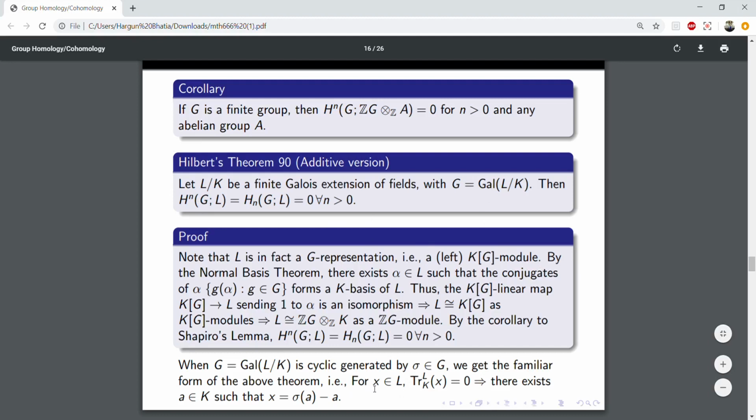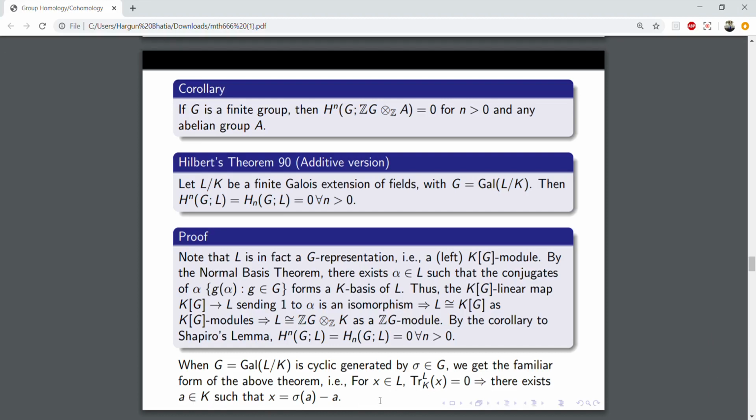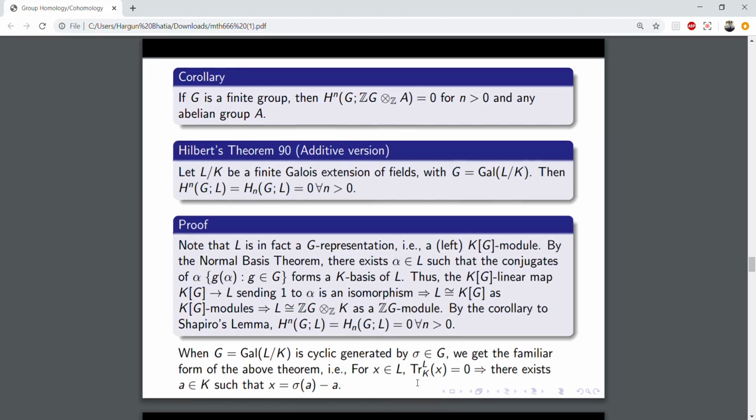So this essentially turns out to be the statement that if you take any element x in L whose trace evaluated on x is 0, then there has to be an a such that x is sigma a minus a. So that's an unpacking of this statement for cyclic extensions. Okay, later we'll see a multiplicative version as well.